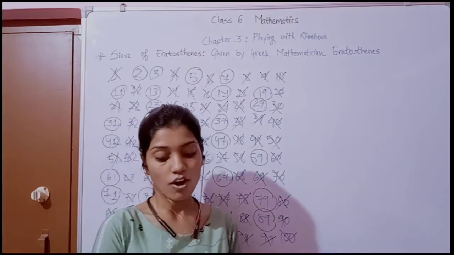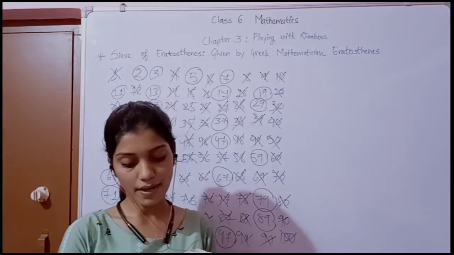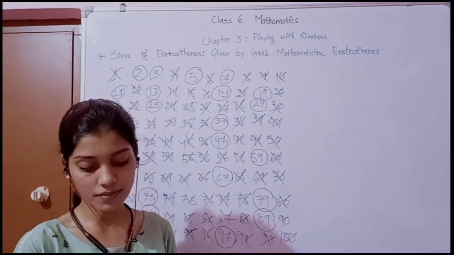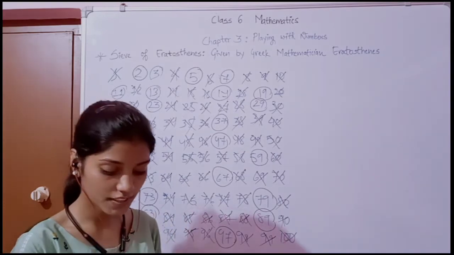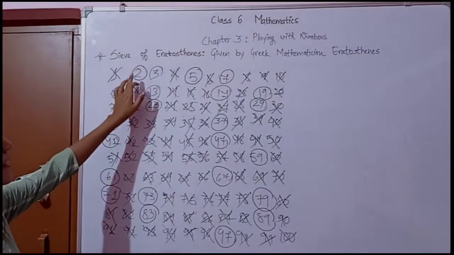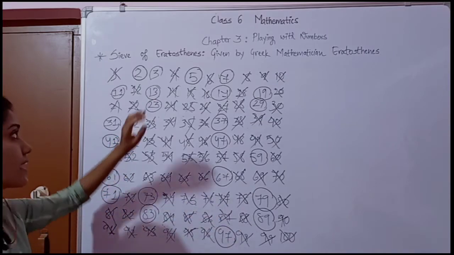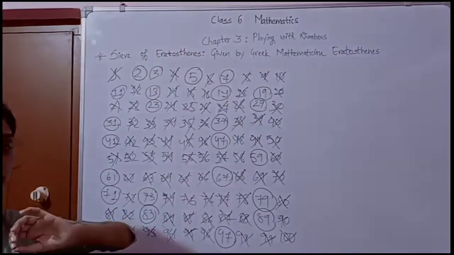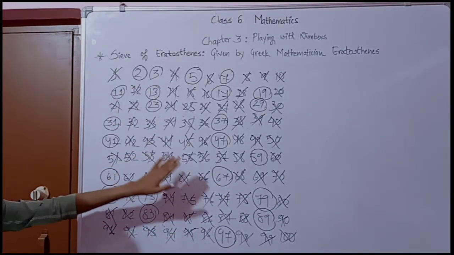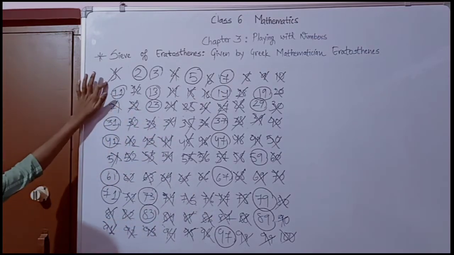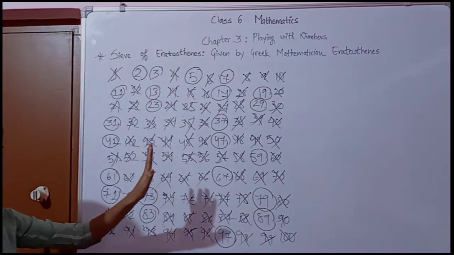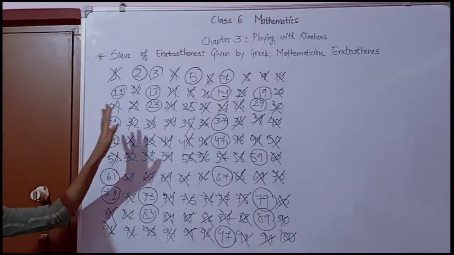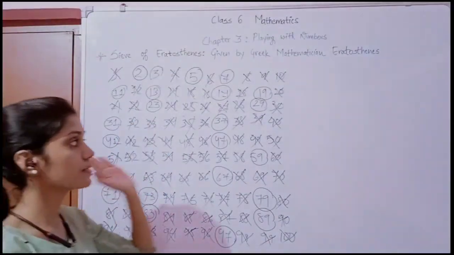What is given? All the encircled numbers are prime numbers and all the crossed out numbers other than 1 are composite numbers. So I hope this is clear.